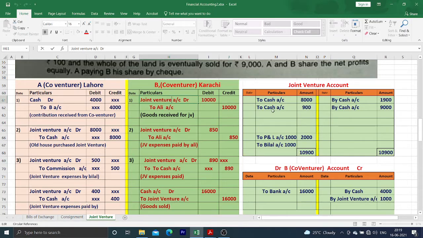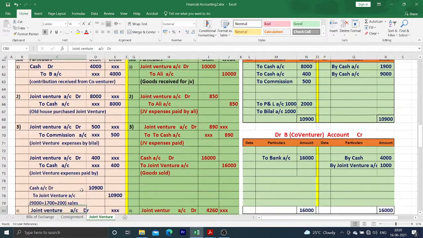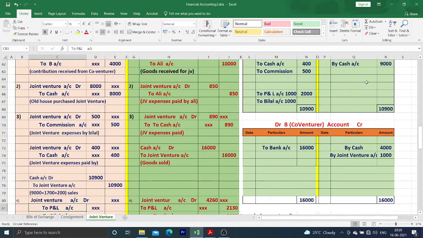Joint venture to commission, amount is 500. Joint venture to cash, 400. Cash account related to joint venture by cash, 10,900.